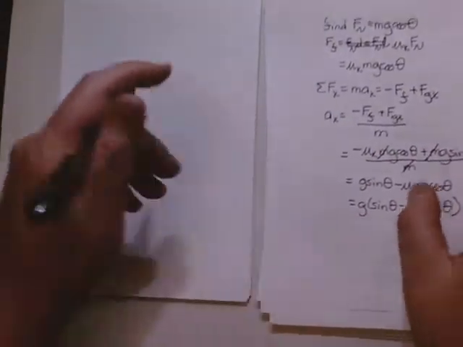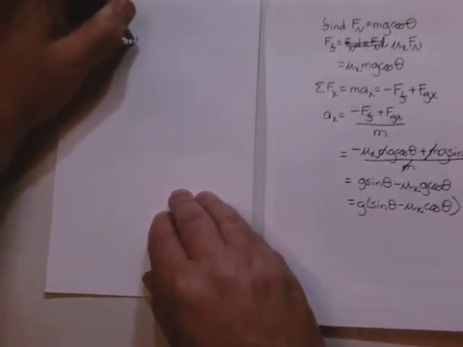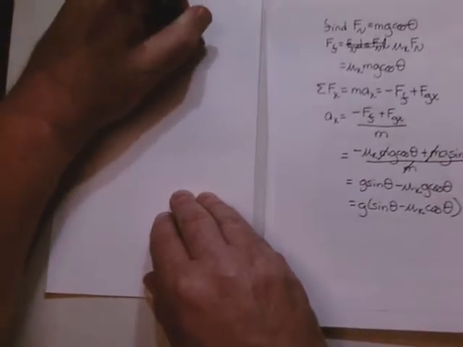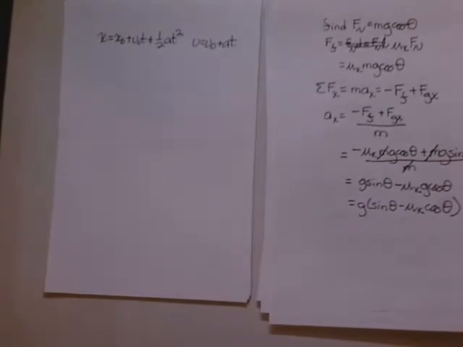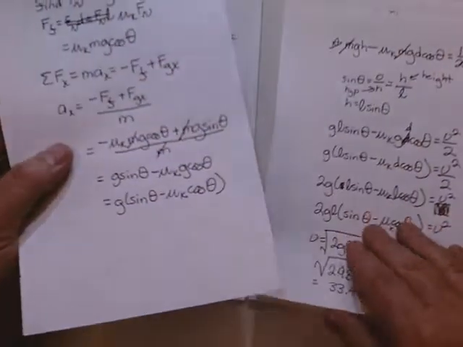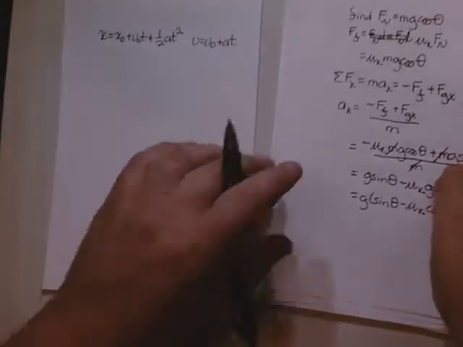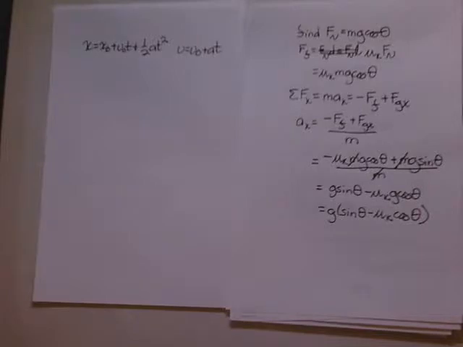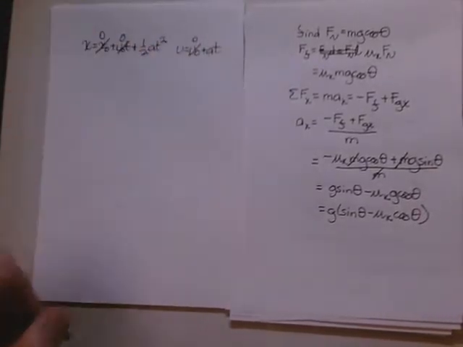Well, what do we do with one-dimensional motion problems? x equals x naught plus v naught t plus 1/2 a t squared, and v equals v naught plus a t. Like any good one-dimensional motion problem, you set the origin to be at the top, and we also note that the initial velocity is 0. It starts from rest. So that's 0, that's 0, that is 0.